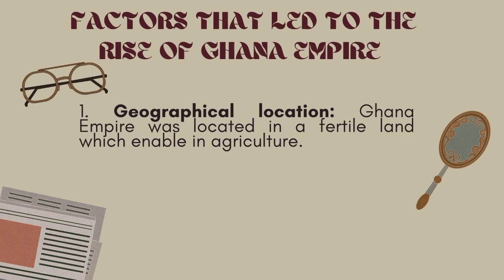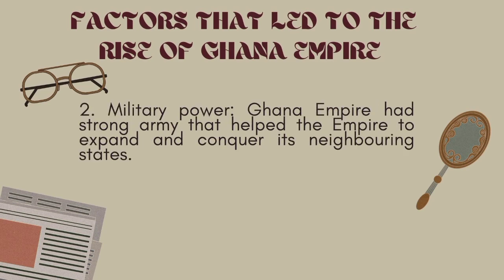Agricultural activity is very wide. You can talk about planting of crops, even rearing of domestic animals. It was suitable for that purpose. We also talked about their military power, that they had a strong army. Since these people were warrior tribes, they had a strong army that could help them expand and conquer their neighboring states.